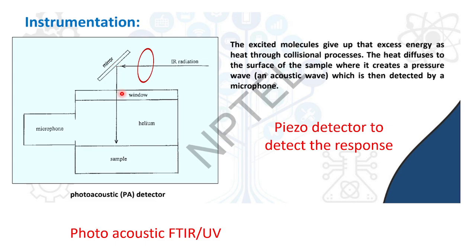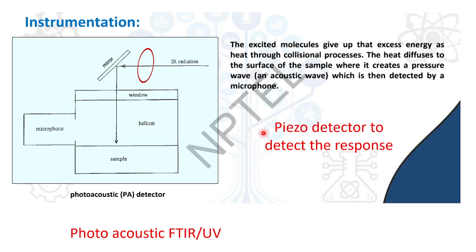There is a mirror, and you also need an inert gas. Why it is helium, we will discuss later. And here is the sample. Through this, the sample is irradiated with the radiation. After interacting with the radiation, the sample will heat up, and that heat will ultimately be detected by a detector.